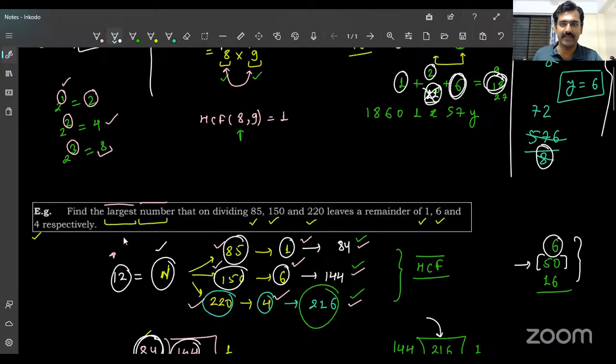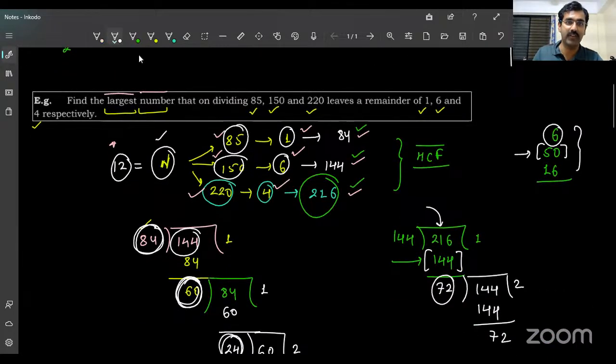Similarly, we had discussed another category of questions where we were asked to find a number which can divide these numbers but leave a certain, different remainder in each case respectively. Here, we could simply develop the logic that 85 should not have 1, 150 should not have 6, and 220 should not have 4.